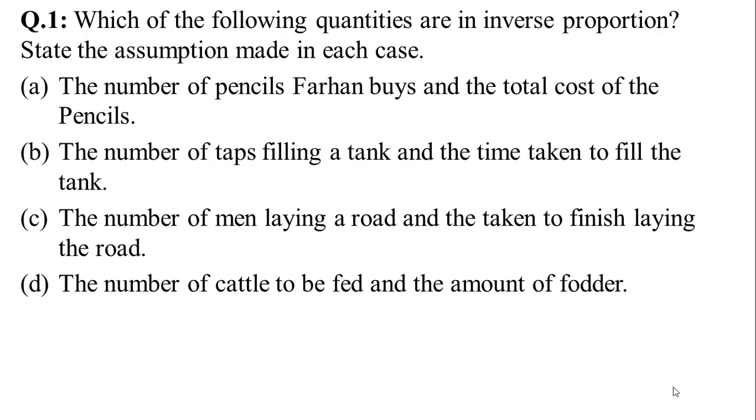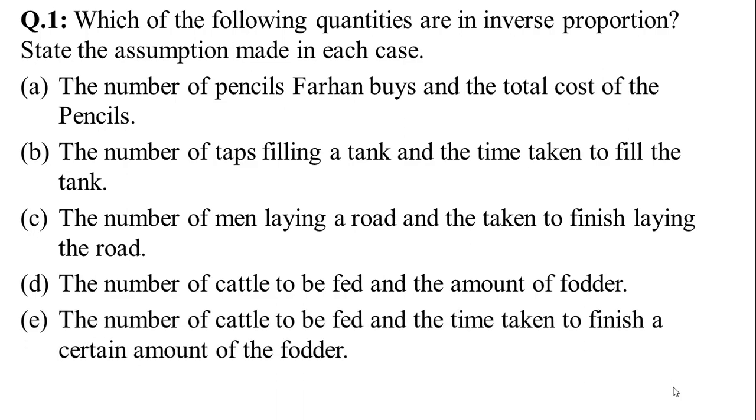In D, the number of cattle to be fed and the amount of fodder. And in the last statement, the number of cattle to be fed and the time taken to finish a certain amount of fodder. Here A, B, C, D, E parts are given.